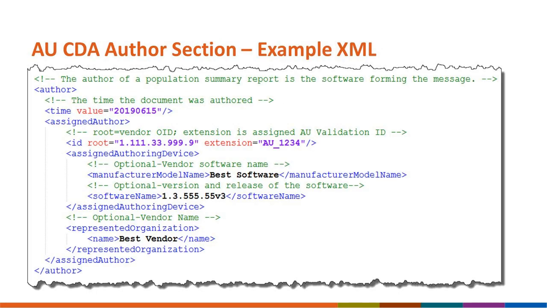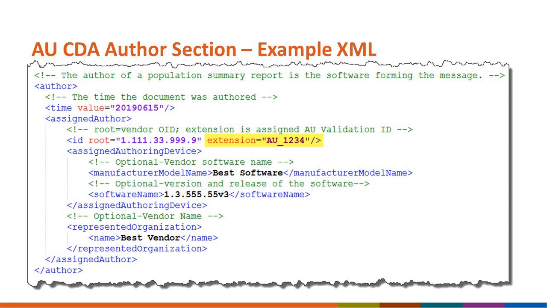Next, I'd like to show the author section of the AU CDA and the expectations for including AU SDS vendor information. This slide shows an example of the XML coding of the author field. The ID root must contain the vendor OID. The extension must contain the SDS validation ID.